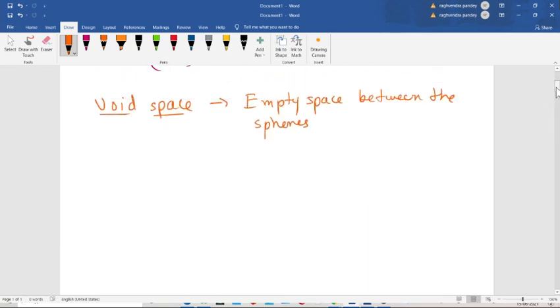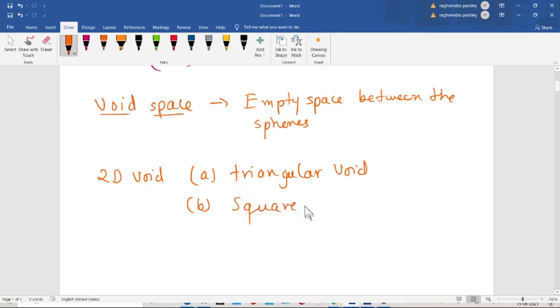Now there are 2D voids and 3D voids. In 2D voids, we have two types. One is your triangular void and another is your square void.